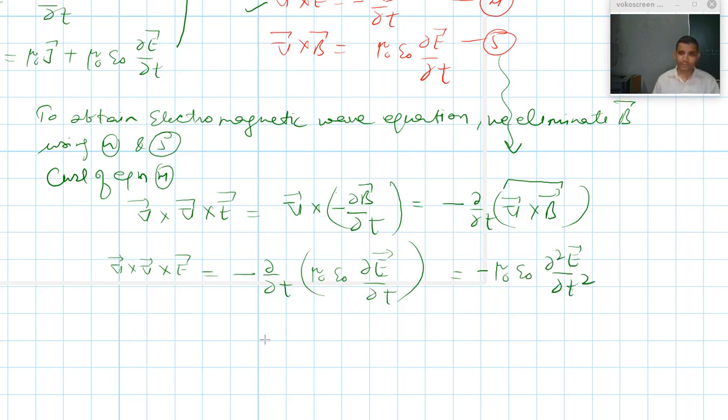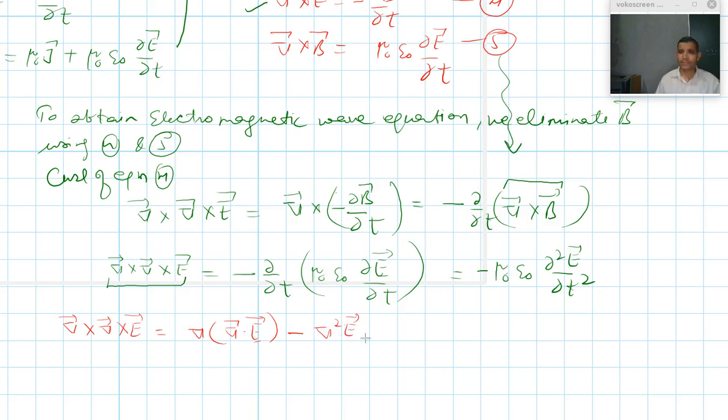Now if I look at the left-hand part, it is a standard result that del cross del cross E can be written as del of del dot E, minus del square E, right?